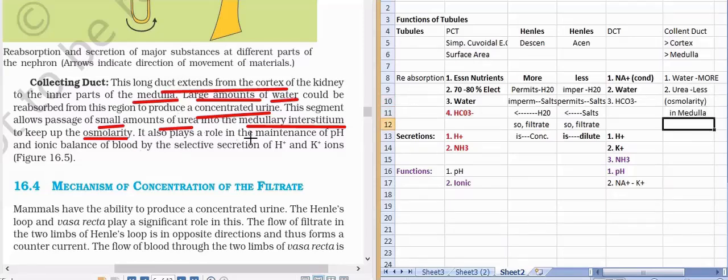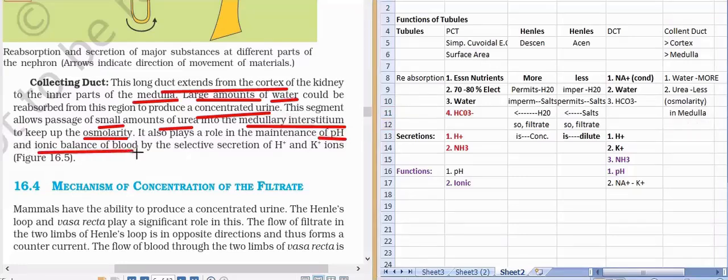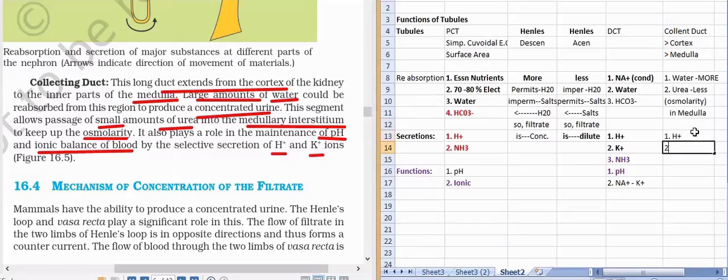Next, it plays a role in the maintenance of pH. The pH and ionic balance of the body will be maintained by secretion of H plus and K plus ions. So water is released, one H plus, two K plus. Because of this it maintains pH and ionic balance, that is, osmolarity and ionic balance.